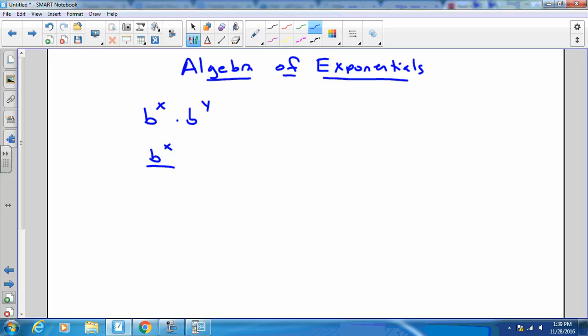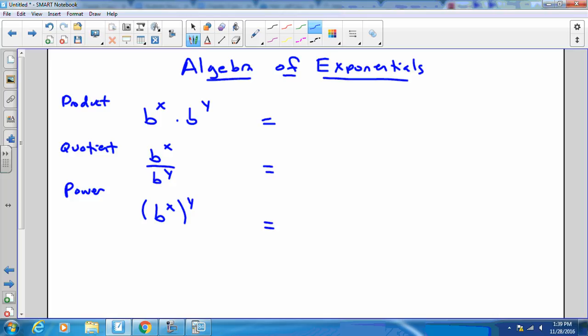These are very familiar to you guys. The product, quotient, and power rules for exponentials.